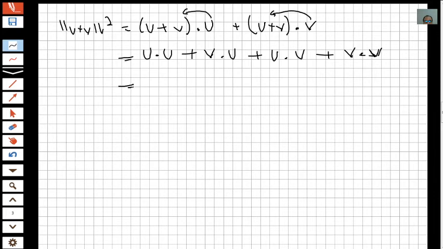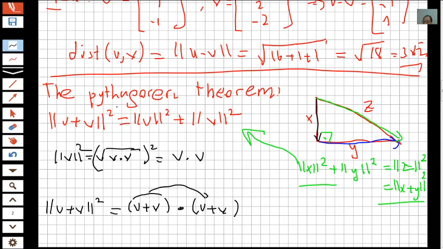And from here we know this theorem is valid if two vectors are orthogonal, namely the angle between them is 90 degrees. Okay, this is valid if u and v are orthogonal to each other, which means that the dot product of them will be equal to 0.